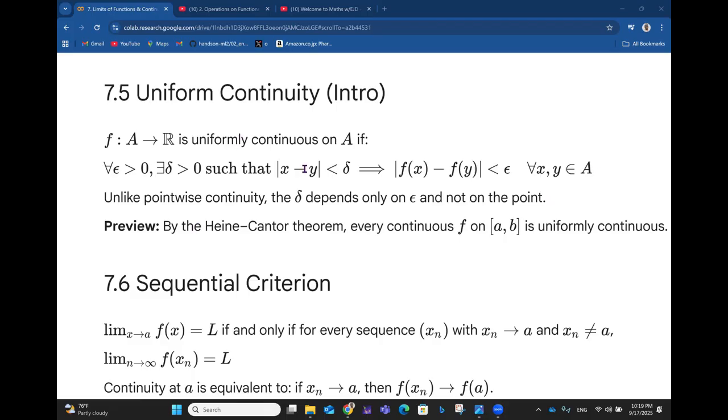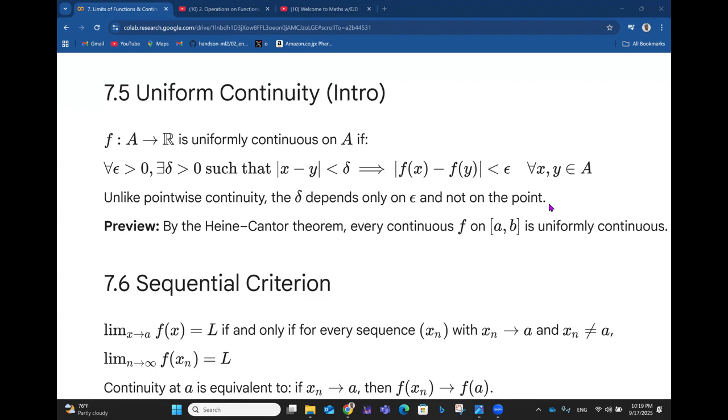So in this case, that is what we call uniform continuity. So we say a function defined from a set A to the real number system is uniformly continuous on A if this condition is met, that for all epsilon greater than 0, and we have said already that epsilon and delta are very small numbers greater than 0, maybe things like 0.00001 or something like that, there exists delta greater than 0 such that the absolute value of x minus y less than delta implies that the absolute value of f of x minus f of y is also less than epsilon for all x and y belonging to the set A. Unlike pointwise continuity, the delta depends only on epsilon and not on the point, right?